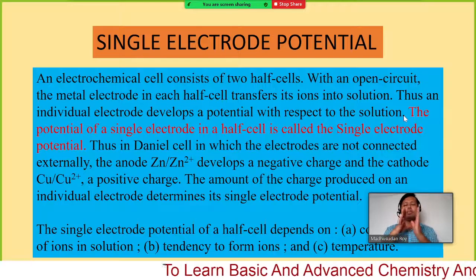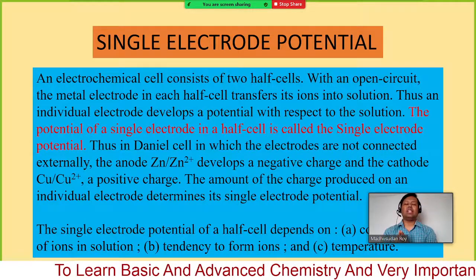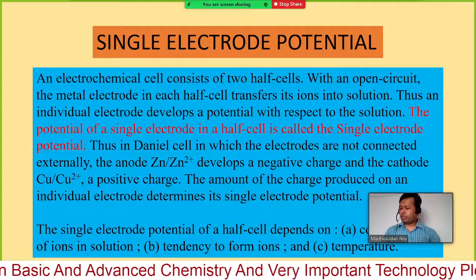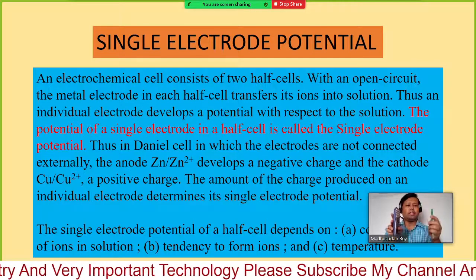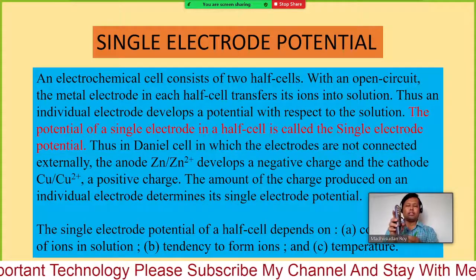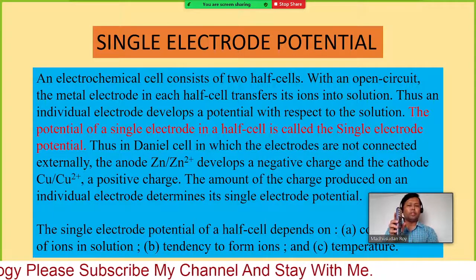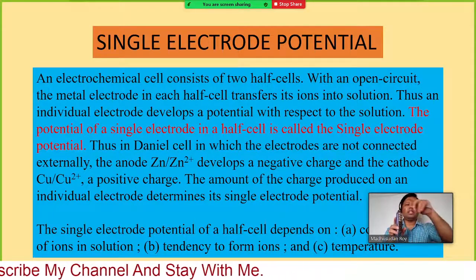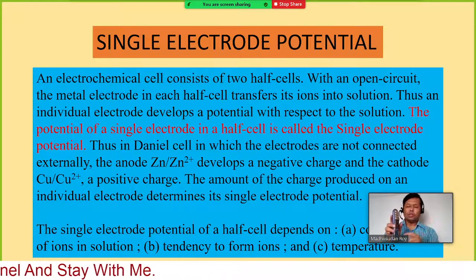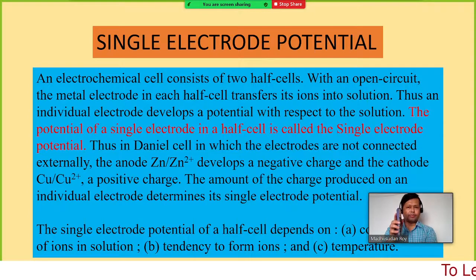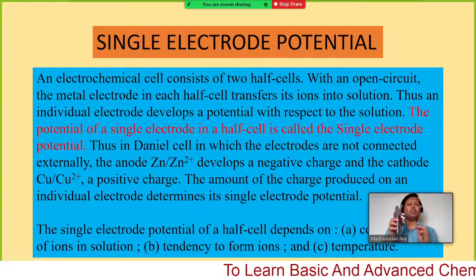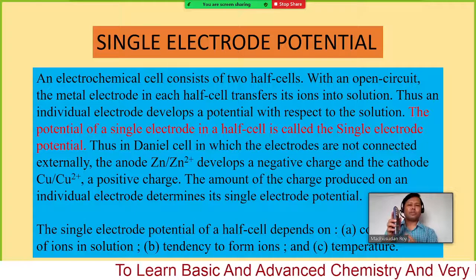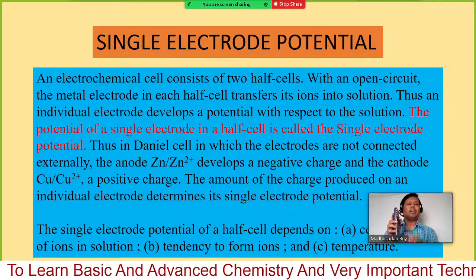When the two half cells are not connected, let us consider you have two different electrodes this way. Maybe this is one electrode and this is another electrode, and these are dipped into two different solutions or electrolytes. If these half cells are not connected, each electrode is dipped into some electrolyte. So what will happen? Both electrodes will donate some electrons to the solution or electrolyte.